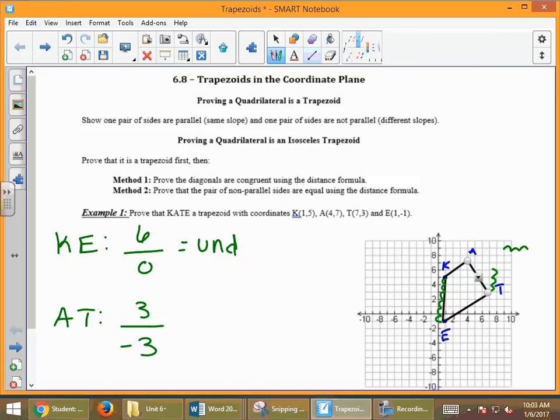So it's 4, and then we go over 1, 2, 3. So we went up 4, left 3, so it is negative. That can't reduce. So are these slopes the same?